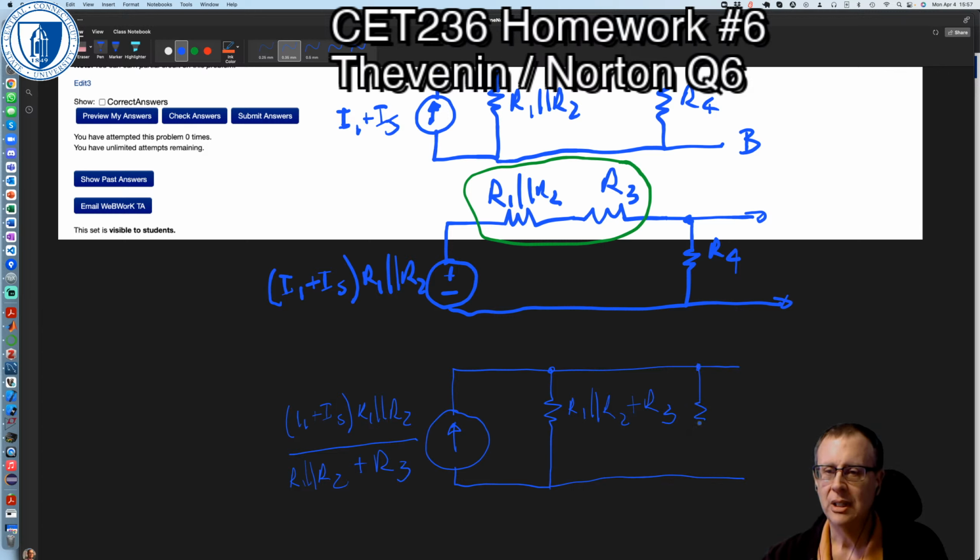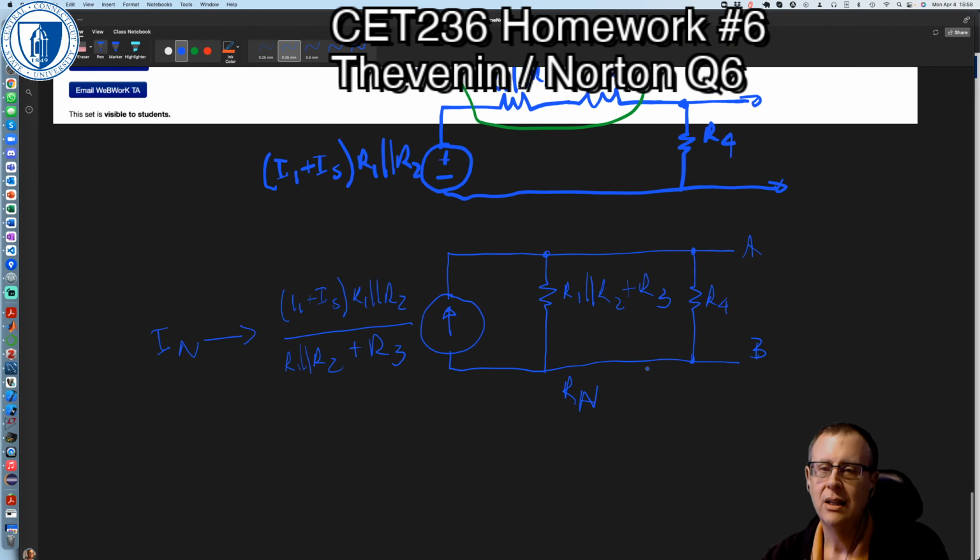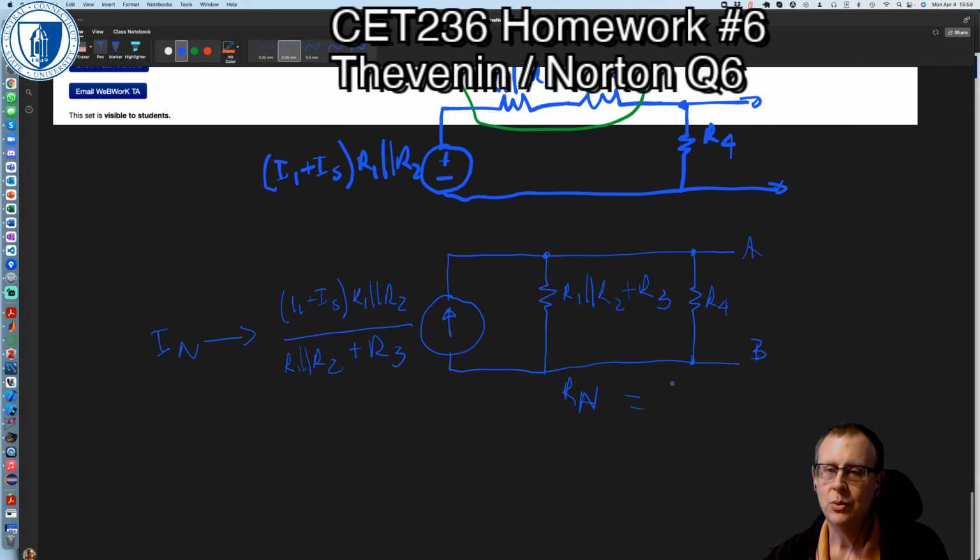And then we've got our R4 across here again, and there's our A and our B. And so here is our IN, and our RN is just equal to R4 in parallel with R1 in parallel with R2 plus R3.